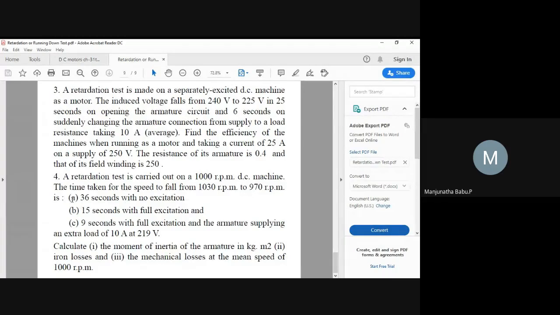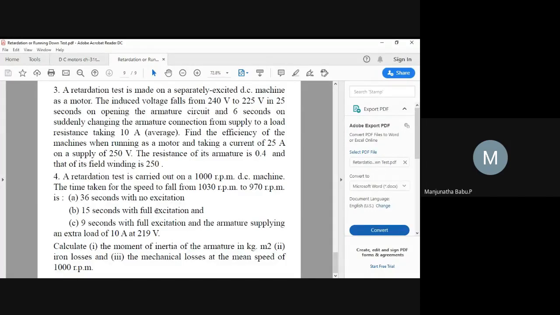During the first condition with no excitation, we will be considering only the mechanical losses, not the iron losses.